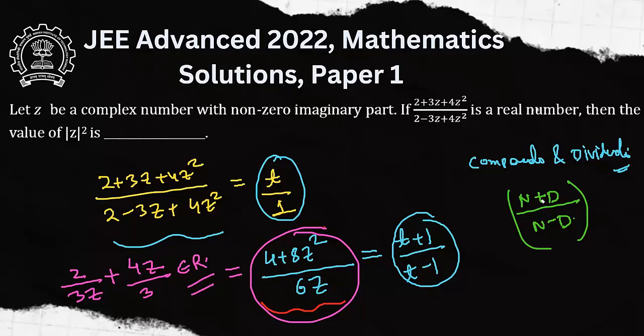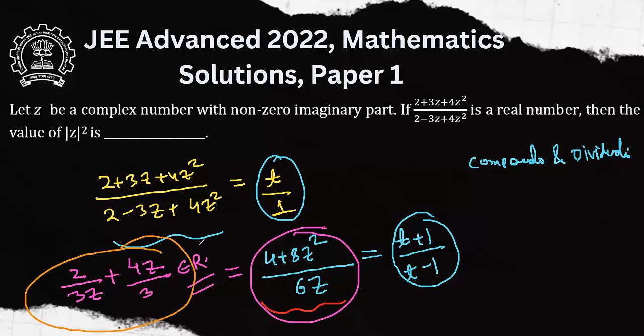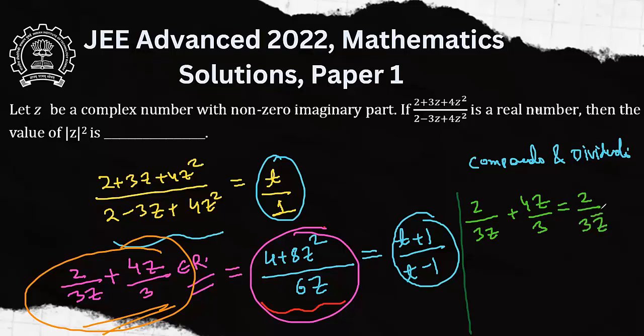If that is a real number, real numbers have the property that it's the same as its conjugate. If this is a real number, it will be equal to its conjugate, because there is no imaginary part. Fine. So I can write 2 by 3Z plus 4Z upon 3 is the same as its conjugate, 2 by 3Z bar plus 4Z bar upon 3. Now I'll collect the same coefficient terms together.